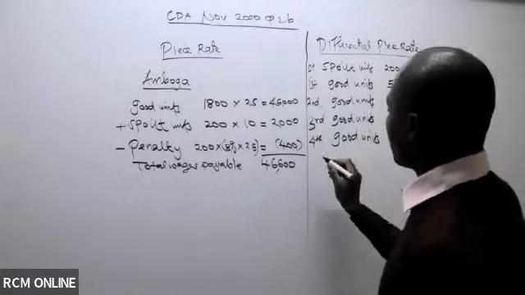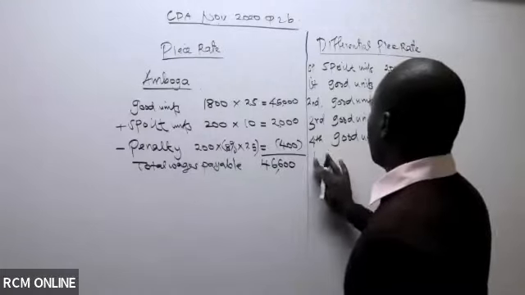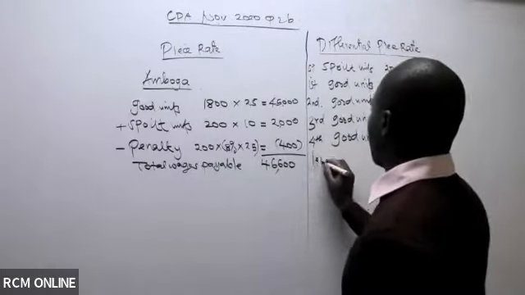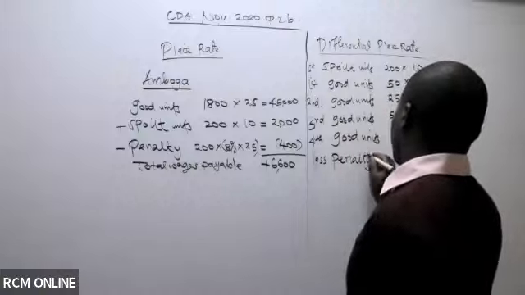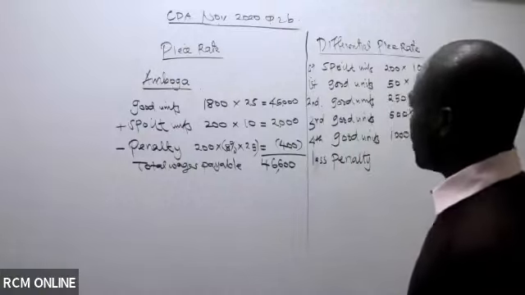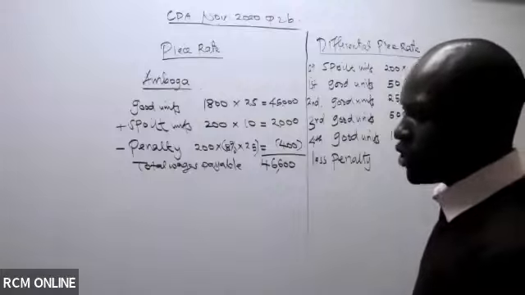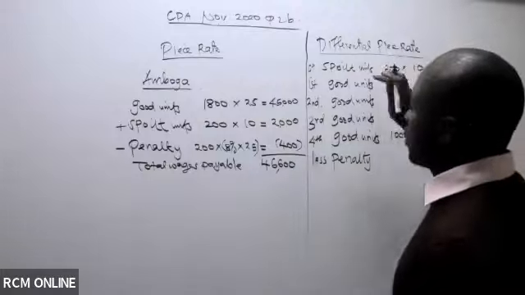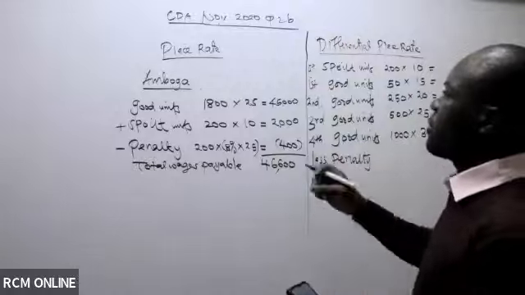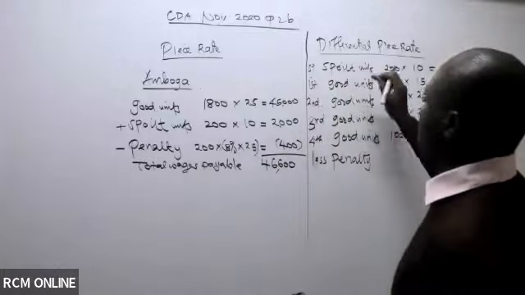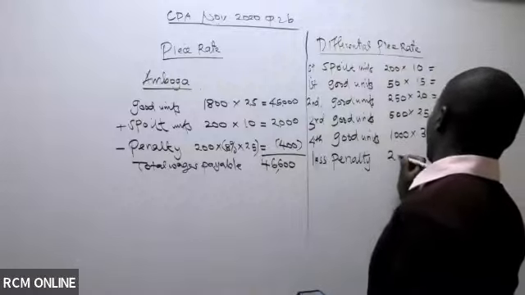But we also have to consider penalty. So we can talk about less penalty. Penalty was charged on the spoiled goods, right? The spoiled goods were 200. We have to deduct that 200 from the first bar. So from the first bar, we take the 200 units.